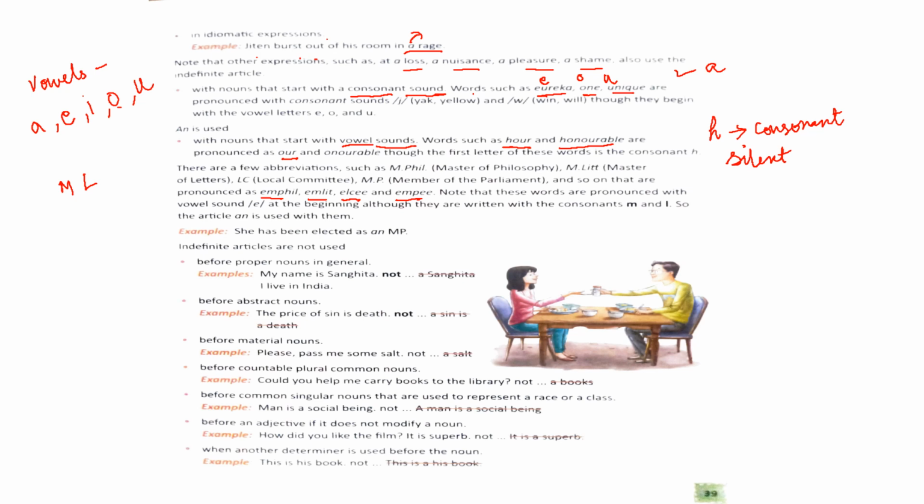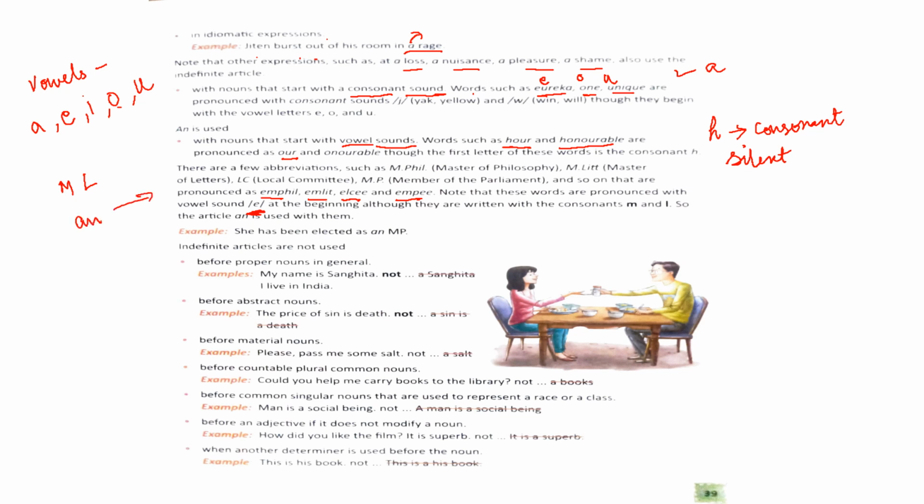Note that these words are pronounced with a vowel sound E at the beginning, although they are written with consonants M and L. So the article "an" is used with them as well, because when we pronounce these words, we produce the E sound, which is a vowel sound. Therefore we use the article "an" with these abbreviations.